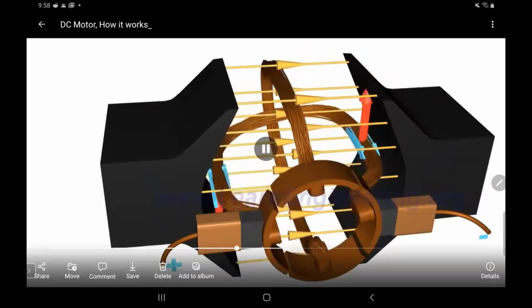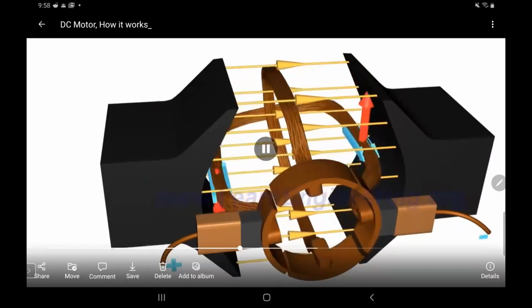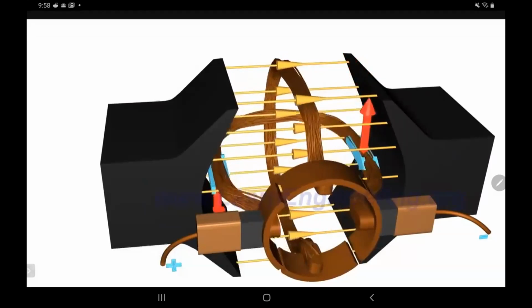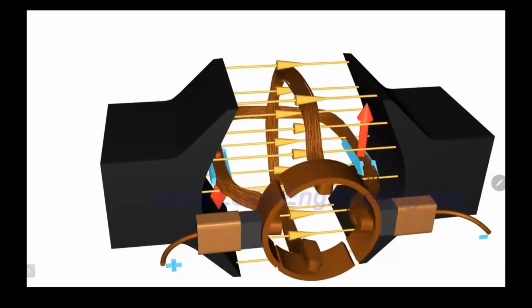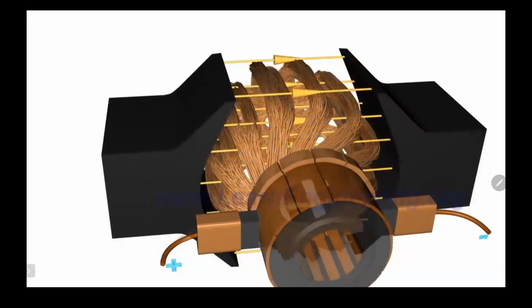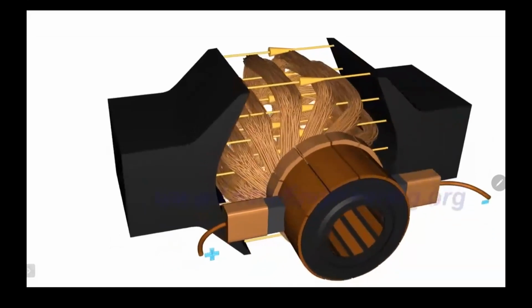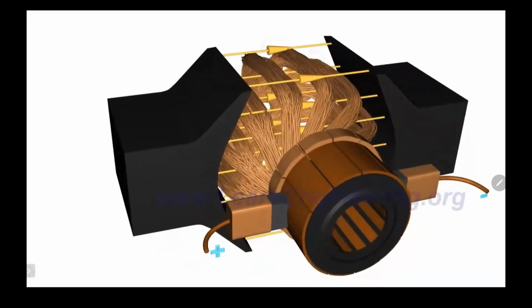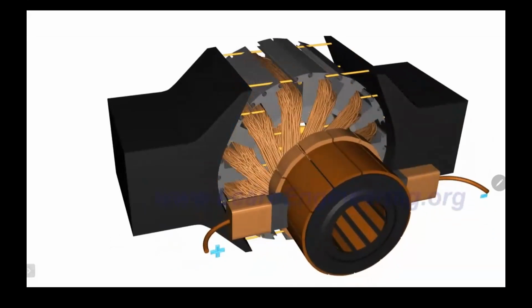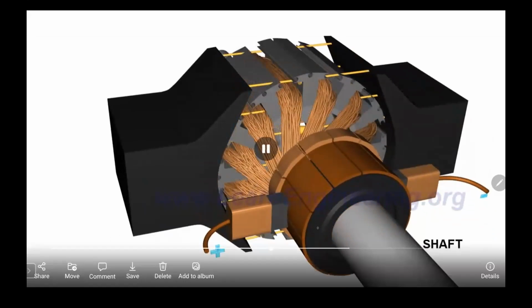For example, we use 2 loops to generate more force, more loops, more torque, and the speed increases. So the real motor has a lot of loops, and we bond these loops together and make a package.